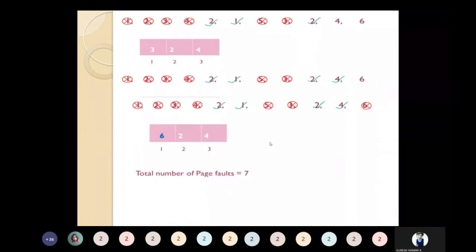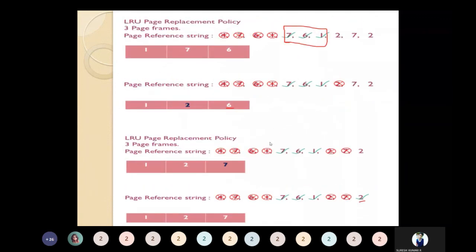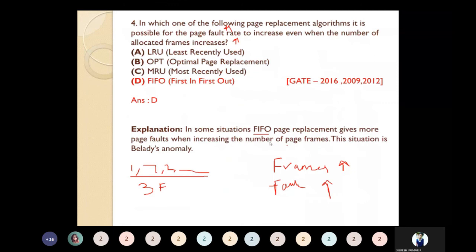Very simple. In one or two problems, you can solve it yourself: with a small number of frames given, you get the page faults, and for the same problem, if you increase the frames, the page faults also increase.